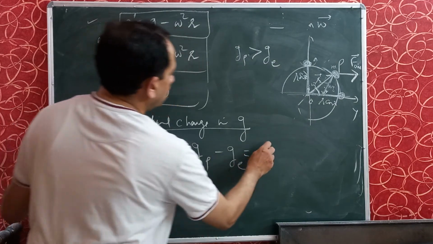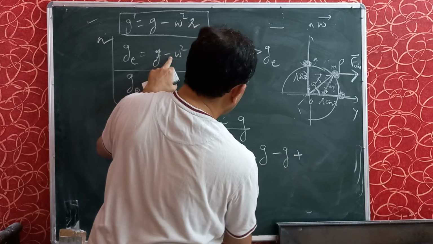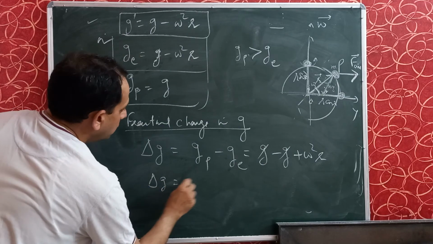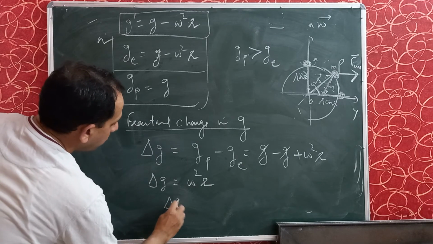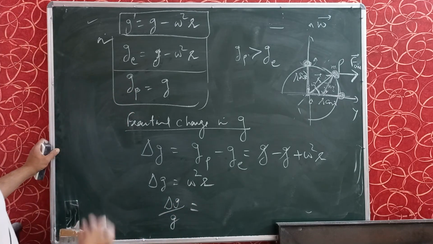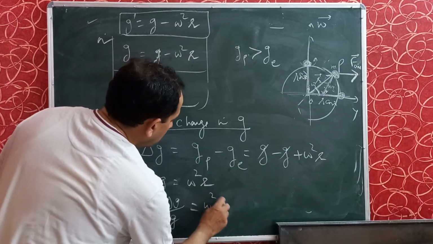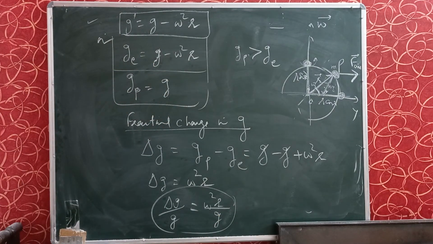It becomes g minus (g minus omega square r), so g cancels and delta g becomes omega square r. Fractional change means the ratio of the change in gravity to the actual gravity, so it becomes omega square r upon g. This is the actual practical effect of centrifugal force on the value of acceleration due to gravity.